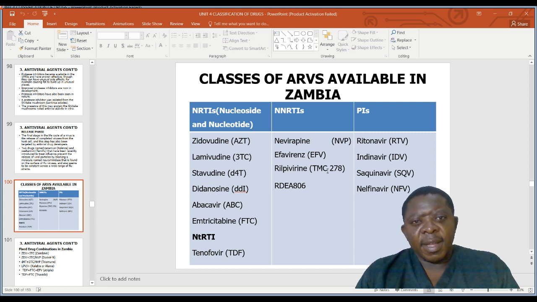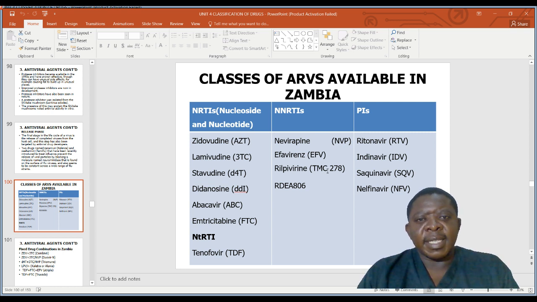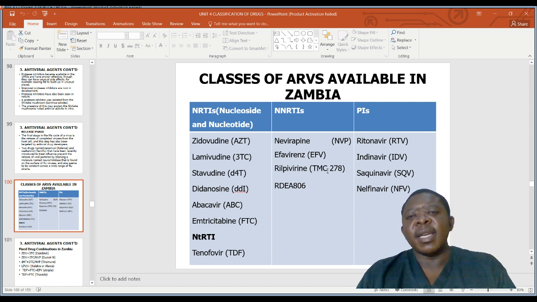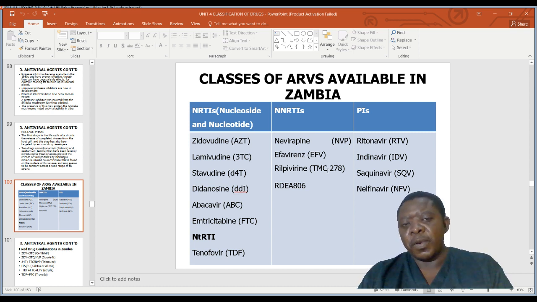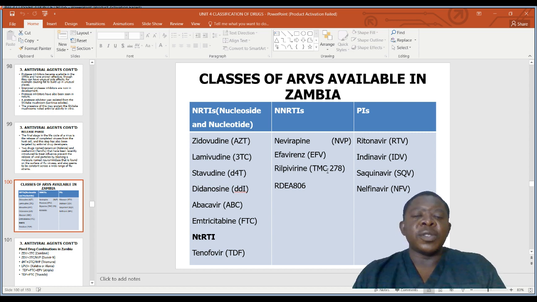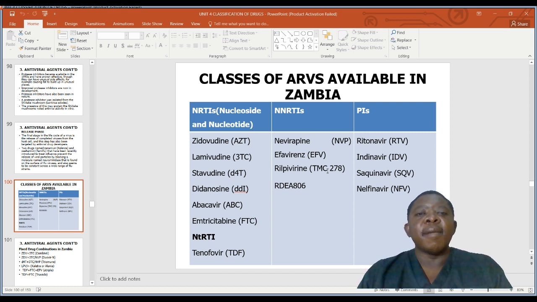Okay, so here we have the classes of drugs. We have the NRTIs, that is the nucleoside and nucleotide reverse transcriptase inhibitors, then the non-nucleoside reverse transcriptase inhibitors, that is NNRTIs, and then the protease inhibitors. Shown below are some examples under NRTIs: zidovudine, lamivudine, stavudine, didanosine, and the likes.